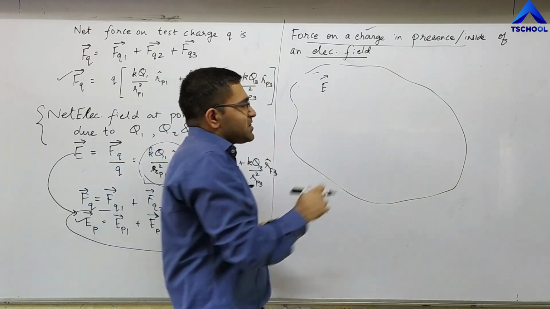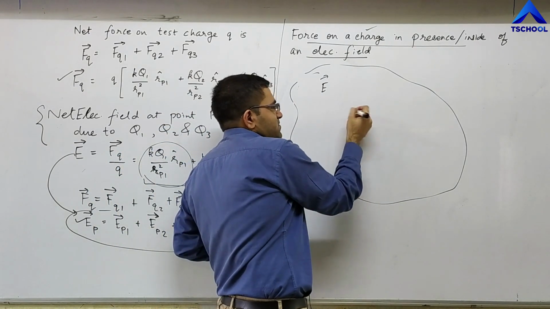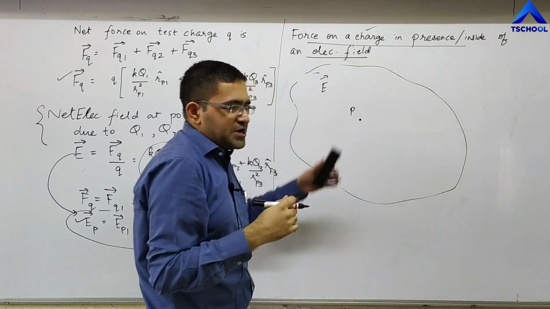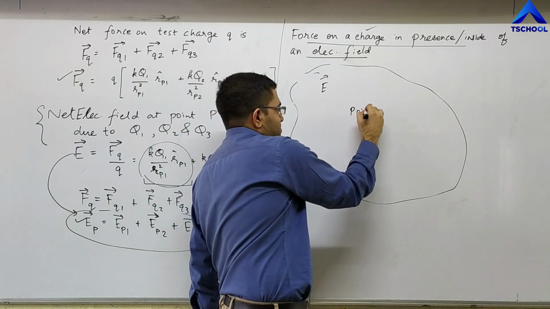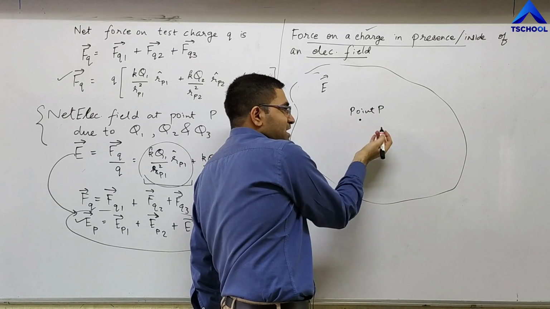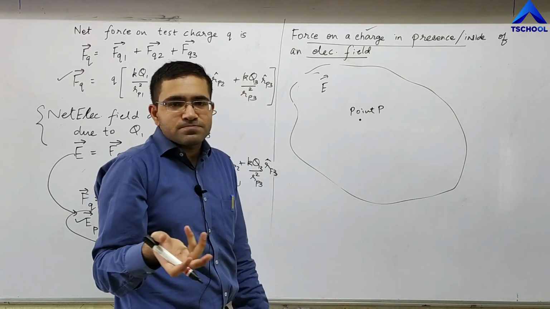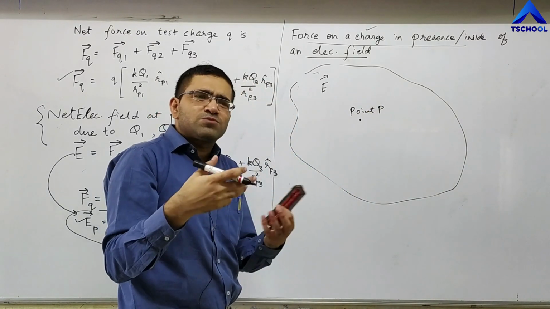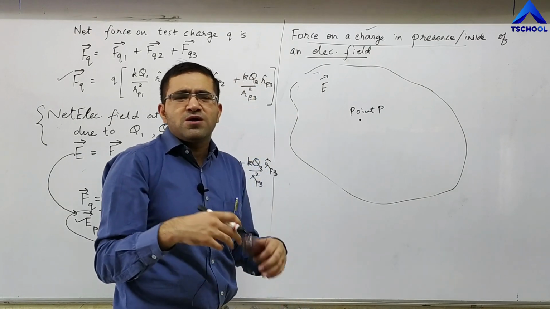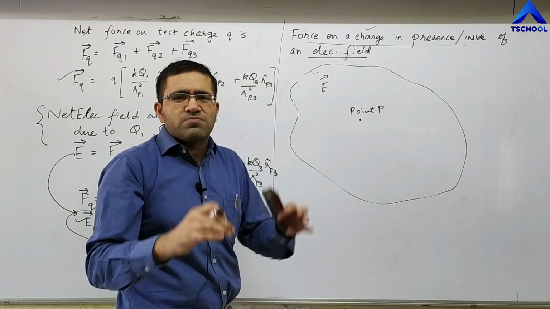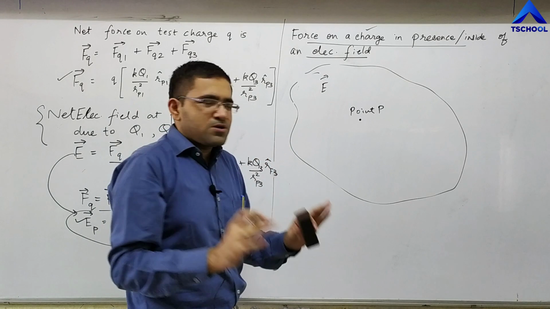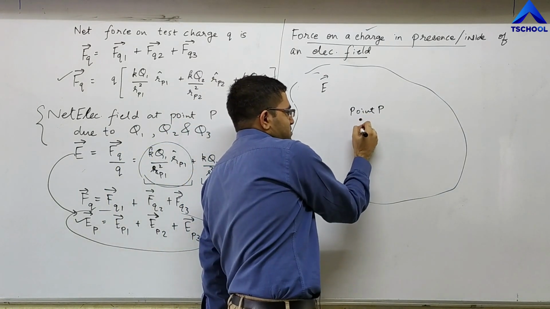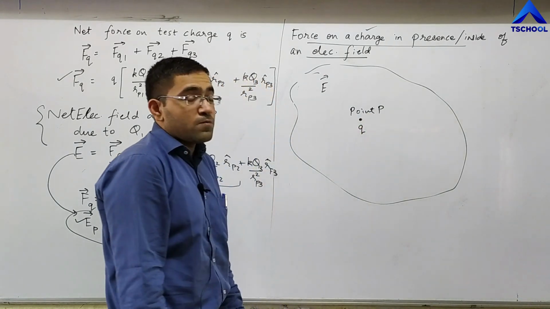So let's say that at this point over here, which we are going to call P, we are putting some charge. Now that may be a test charge or maybe any other charge, no problem. That's it, a charge. So let's say there is some charge Q over here.